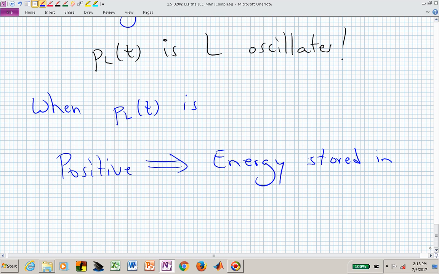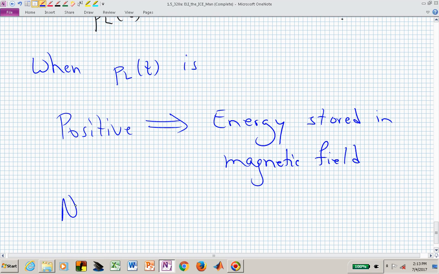So it's energizing the magnetic field of that inductor when the instantaneous power is positive. When the instantaneous power is negative, which it will be for half the time, the energy in that magnetic field is delivered back to the source.